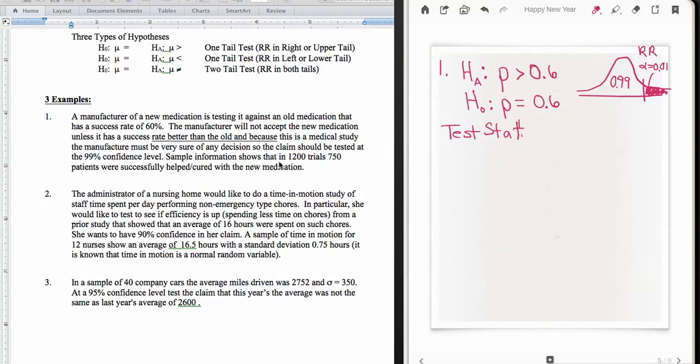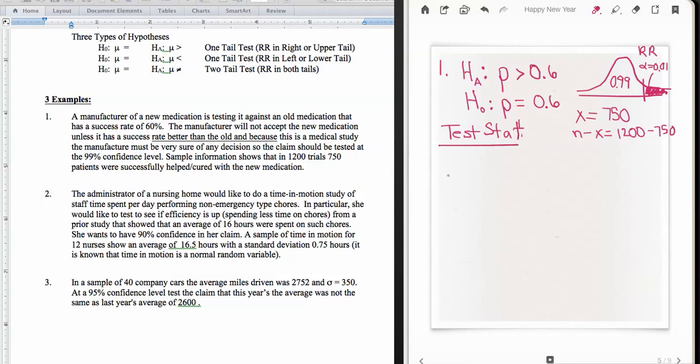So our sample information shows that we have 1,200 trials and 750 patients that were successful. So that means our x is going to be 750 and our n minus x is going to be 1,200 minus 750, and that is going to definitely be larger than 5 as well. So we're good to go on that.